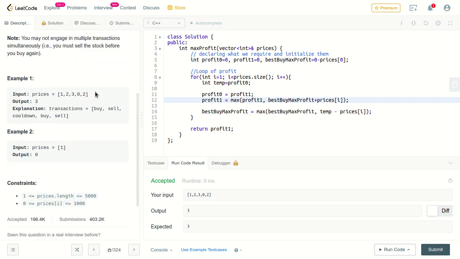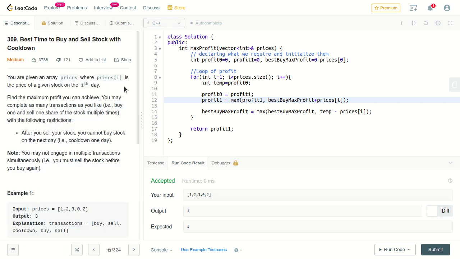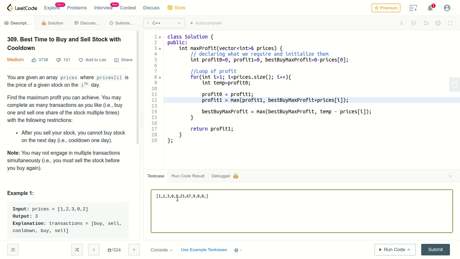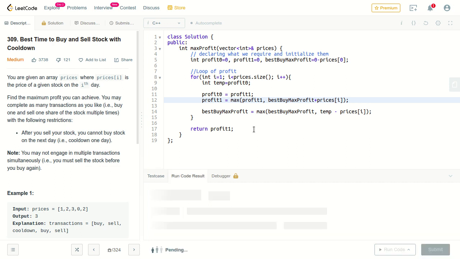So put up any arbitrary value: 2367, say 90071, say 23, 67, 678, then say 90, then 65, 112, 7, then say 67, then say 89, any random arbitrary value to check whether your logic was correct or not.